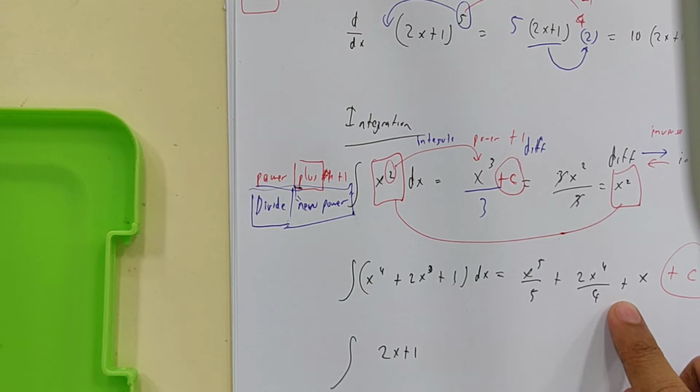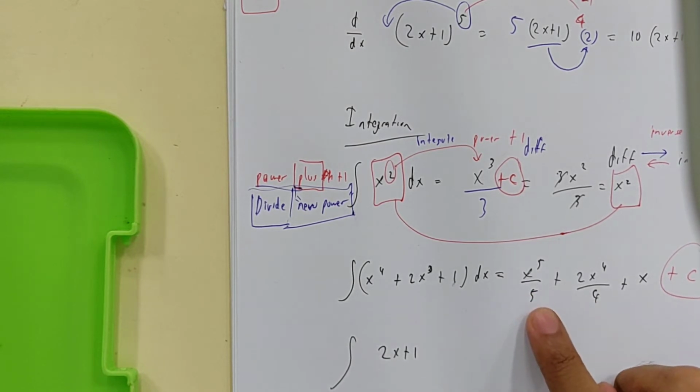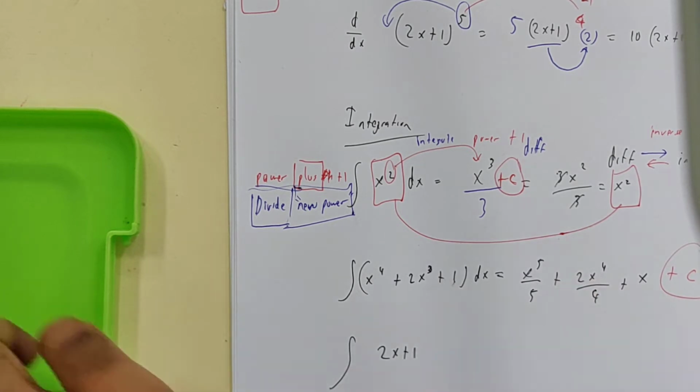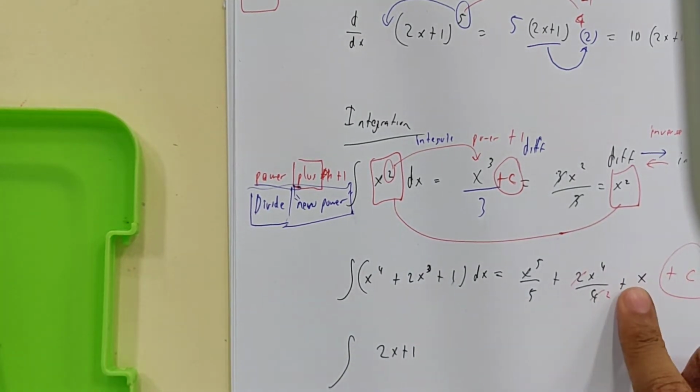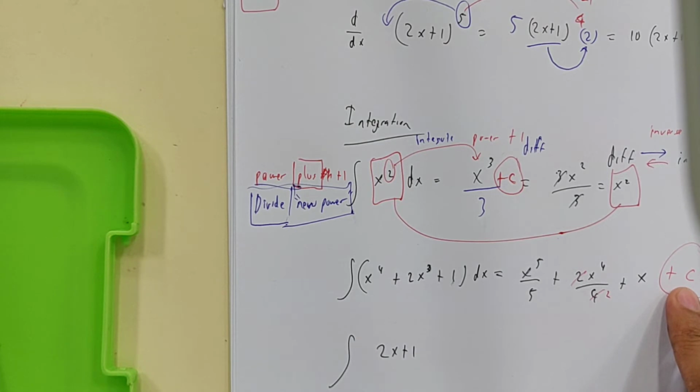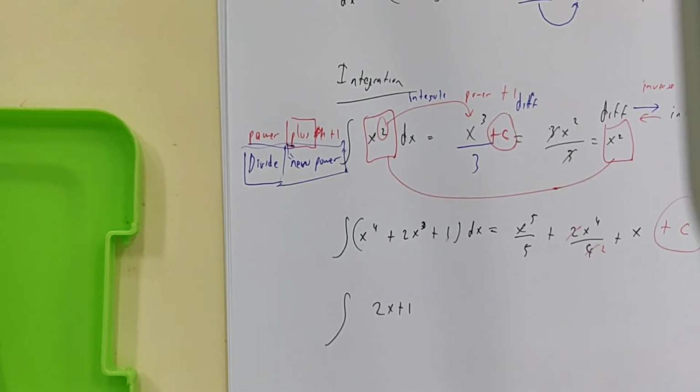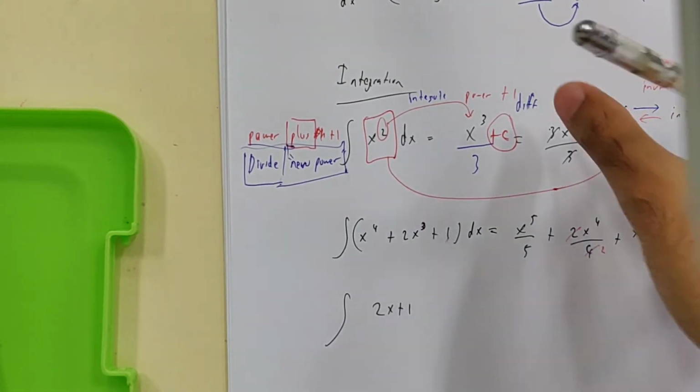Are you okay? Ini okay tak? Oh, ini 1 over 2 plus x, okay? Apa yang tak nampak? Oh, okay. Tak ready lagi.